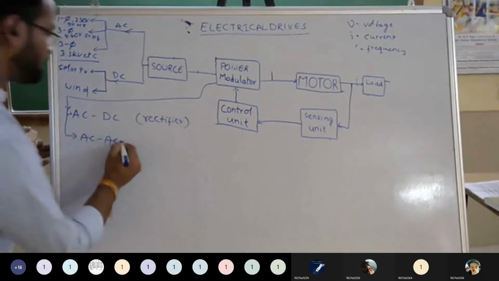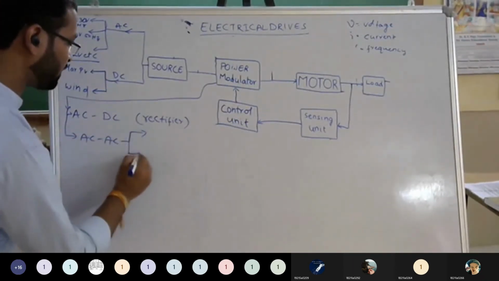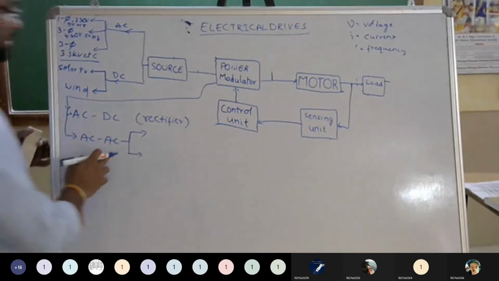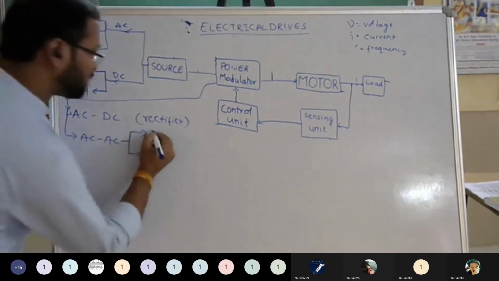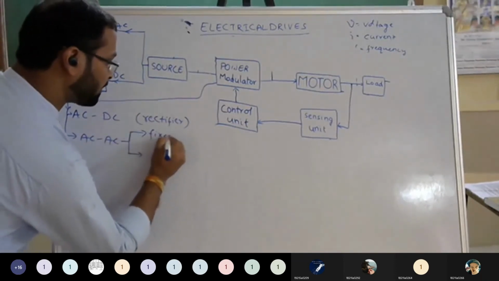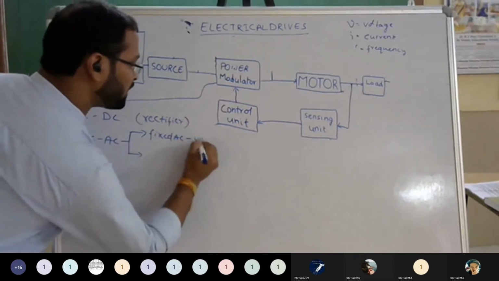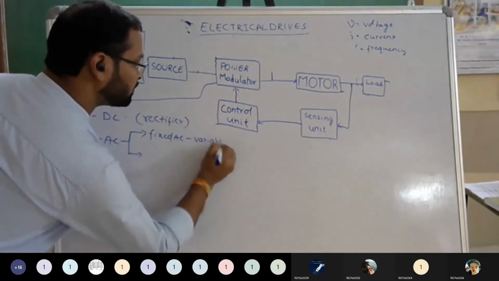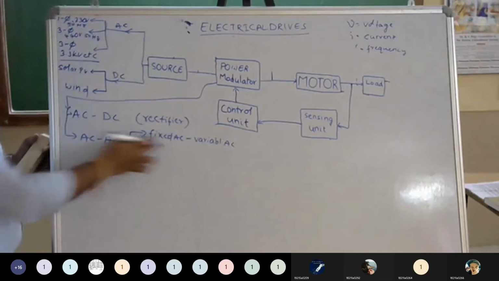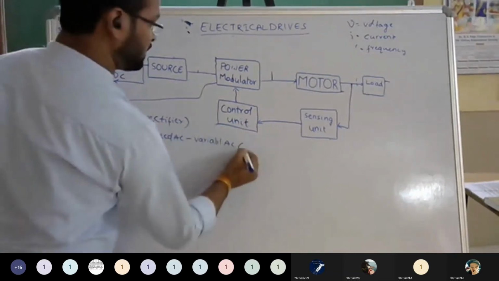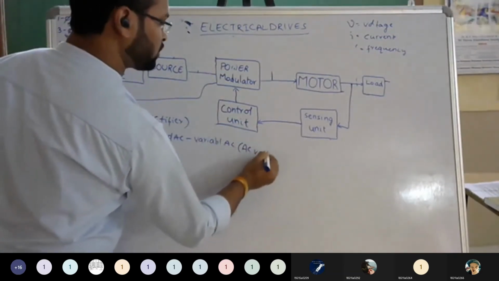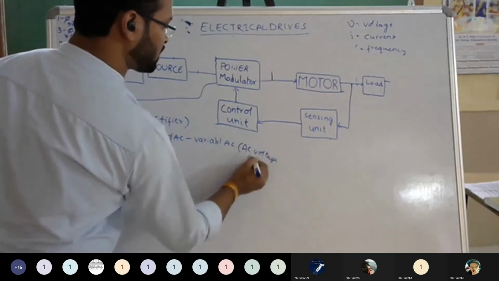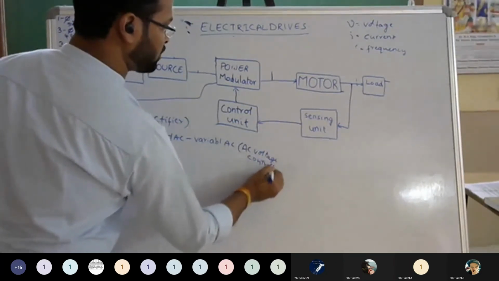And the second one is AC to AC. In this AC to AC, again two things will be there. One is AC voltage regulators. Suppose we have a fixed AC, it will convert into a variable AC. These are called AC voltage controllers, not regulators, because we can control the magnitude.